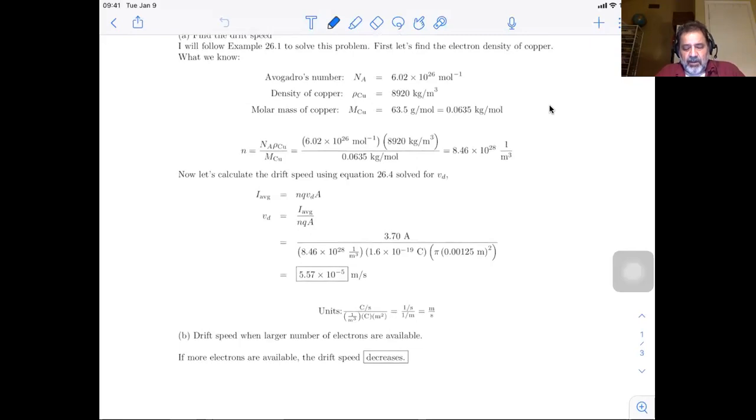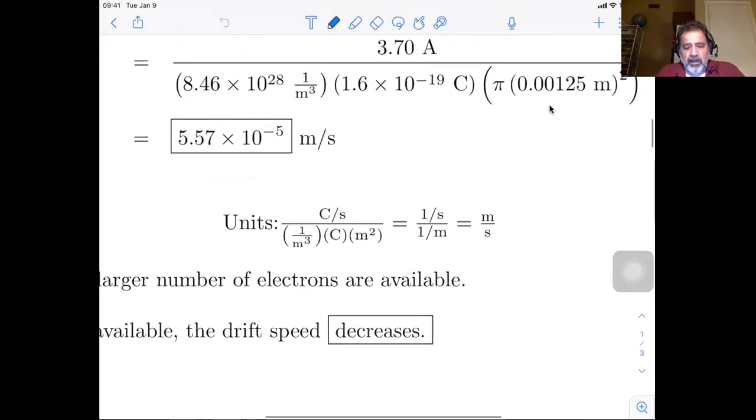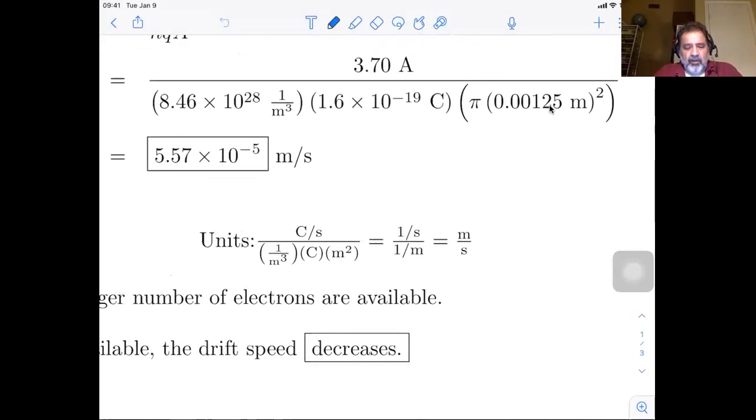Now, how do we get the units of meters per second? Well, let me make this bigger. We have amps, which is coulombs per second, and we have 1 over m cubed times coulombs times square meters.